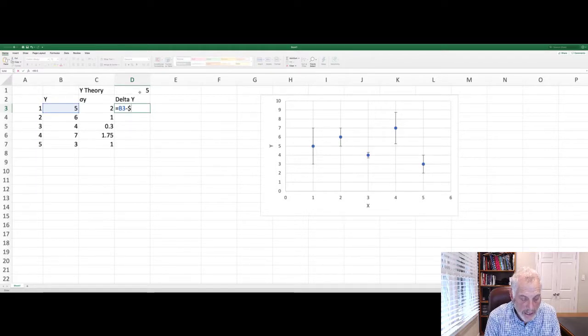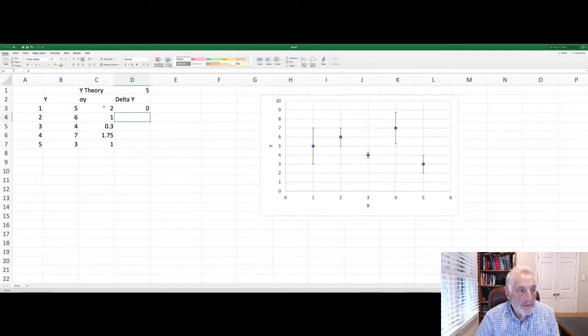So we say $D$1, and that is the theory value of 5. If we copy this down, we can see that this works. The value of the second one was 6, which is 1 greater, and the value of 4, which was 1 less, and so this is delta y.